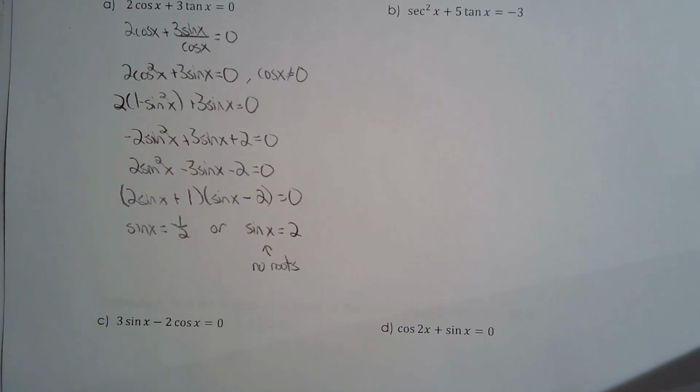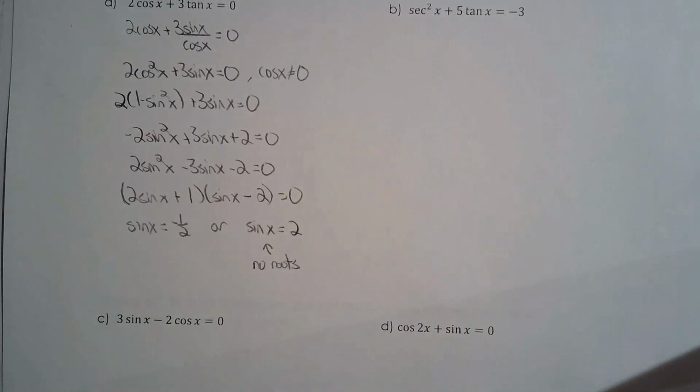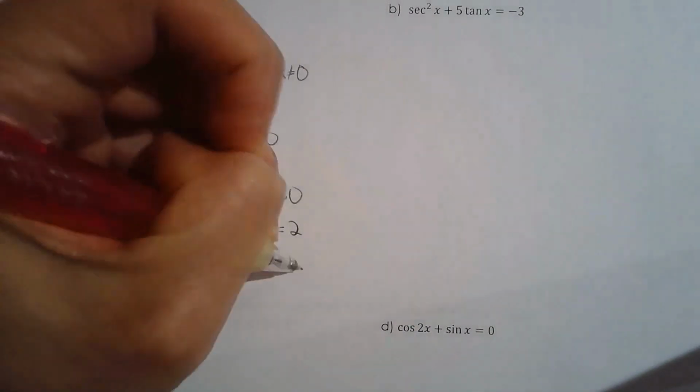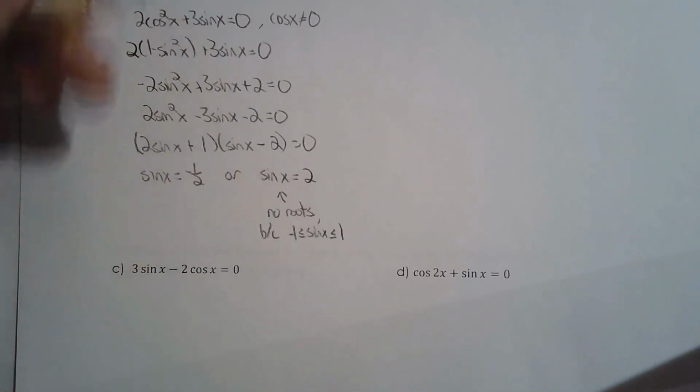Now if those 3 reasons didn't convince you, you could do inverse sine of 2. Your calculator will also convey the same message. Sine x cannot possibly be equal to 2. So no roots. I'm just going to write because sine x bounces from -1 to 1. So we're not getting anything if the ratio is 2.